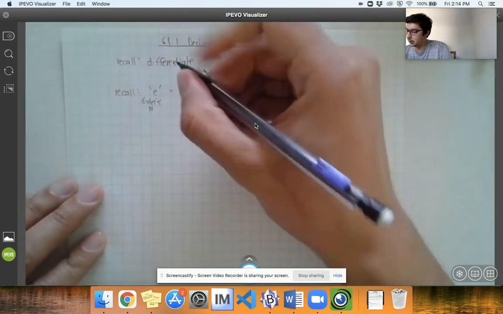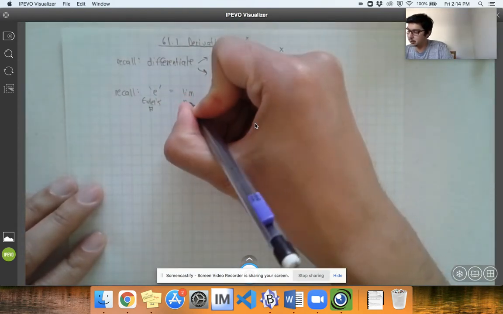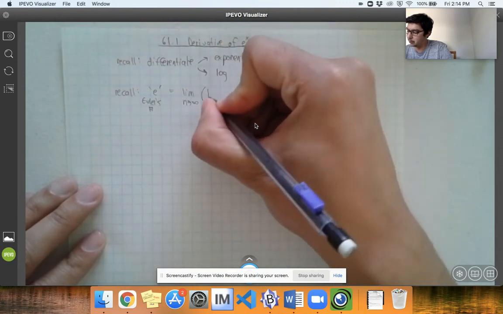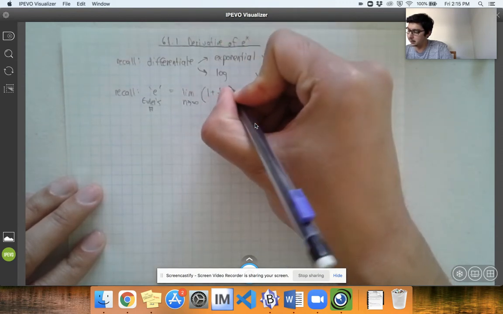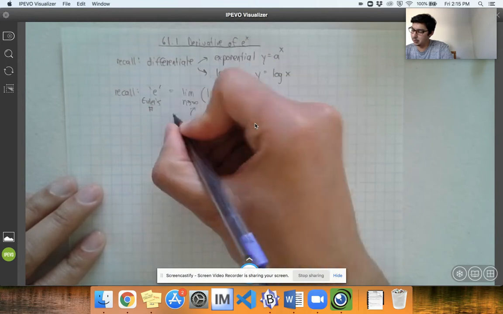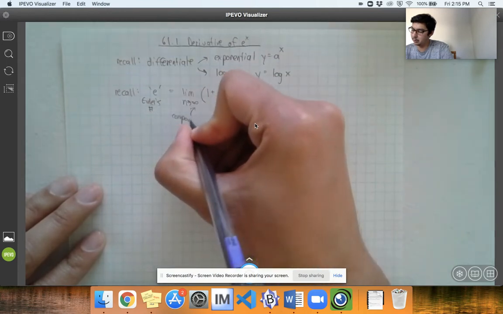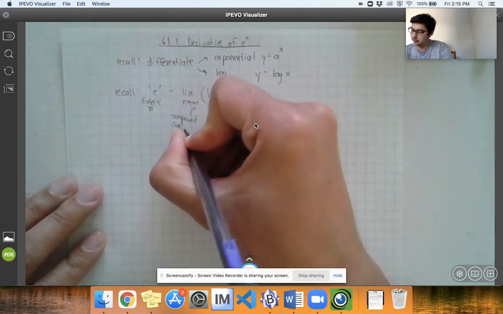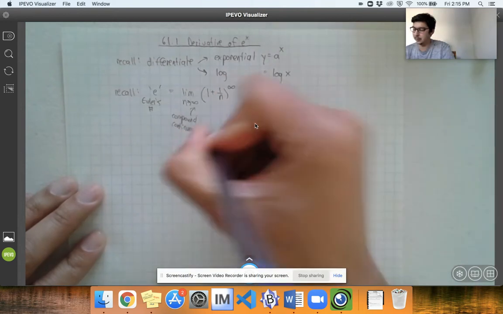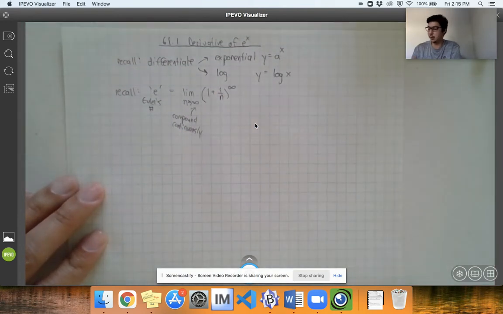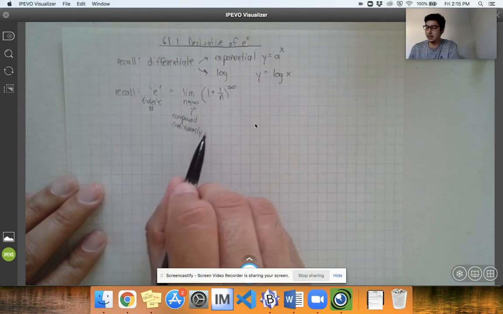And that was equivalent to the limit as n approaches infinity of 1 plus 1 over n to the n. The idea is that it comes naturally out of when you compound continuously. And why it's so applicable is remember that we compounded at 100% annual rate.